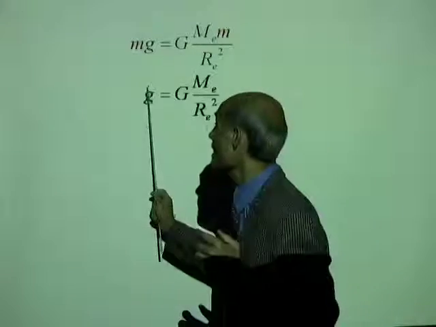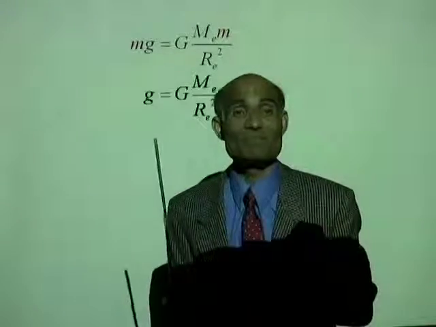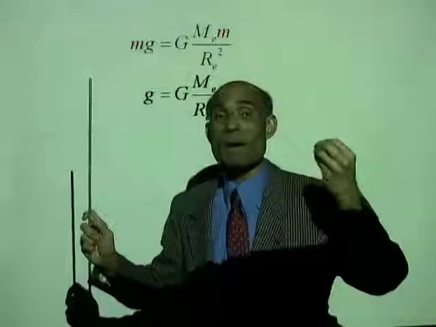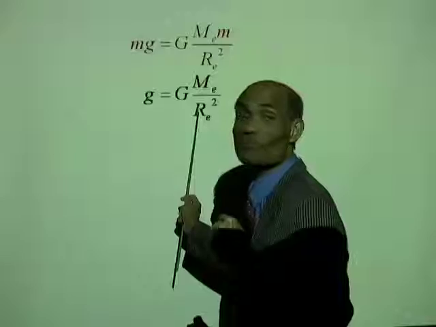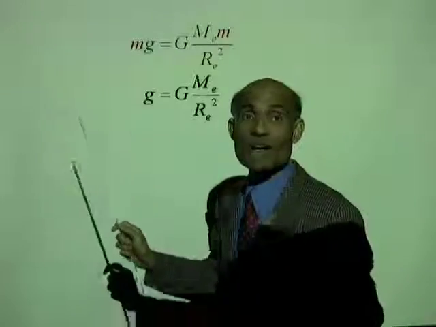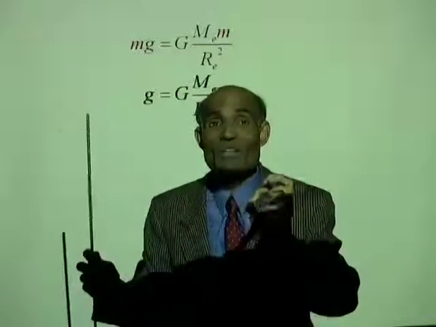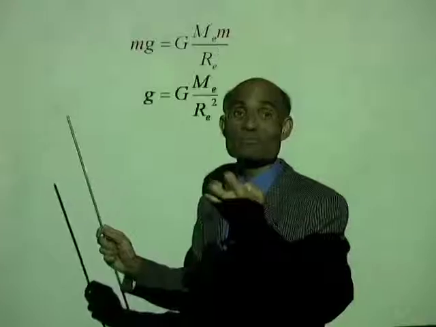So where do you have maximum value for acceleration due to gravity? The value for acceleration due to gravity is maximum at the poles, where the radius of the Earth is the least. And the value of g is the least at the equator, where the value of the radius of the Earth is maximum.